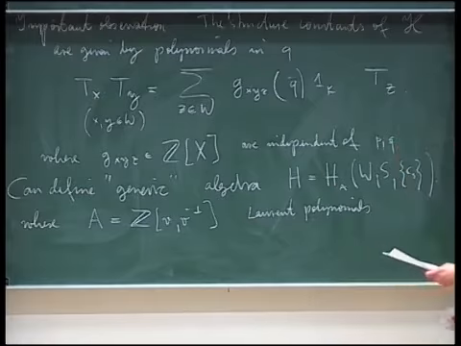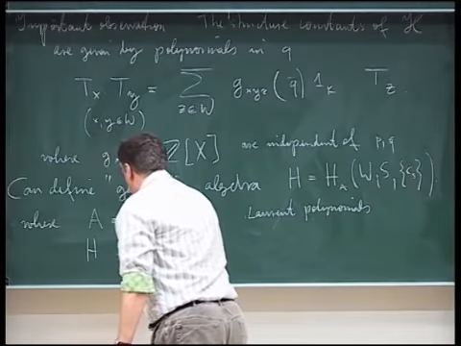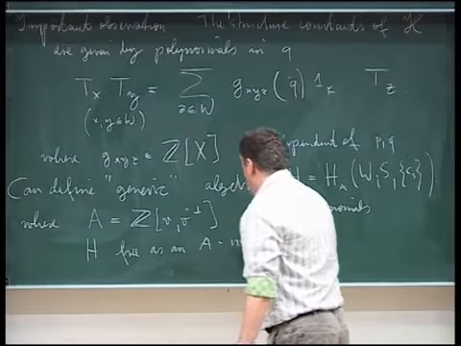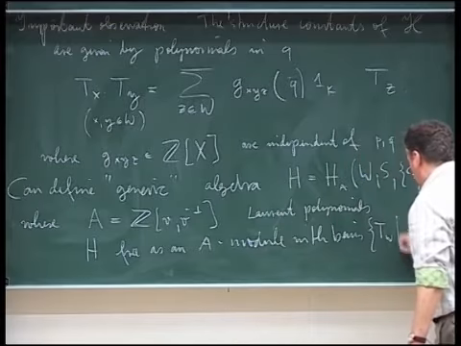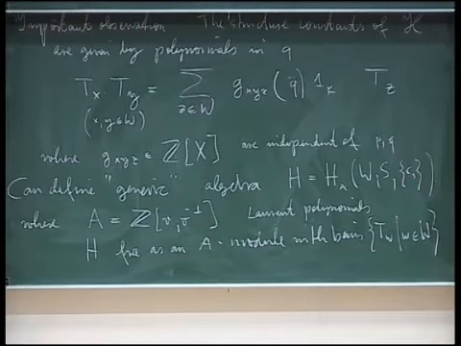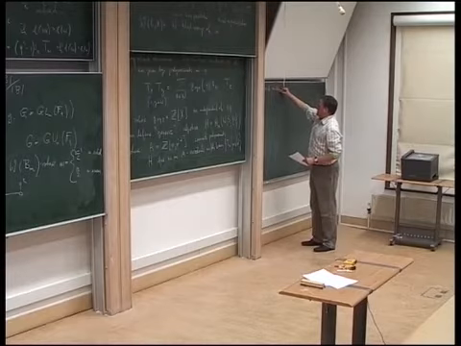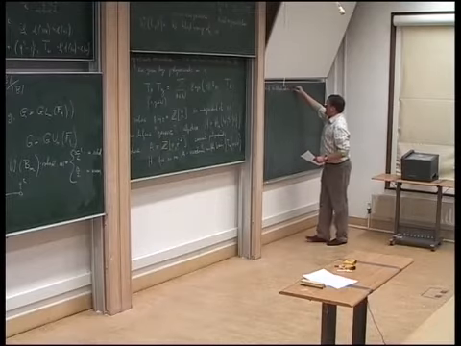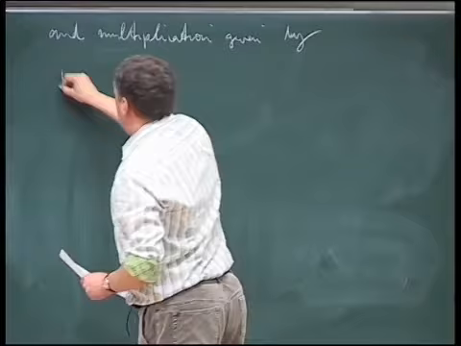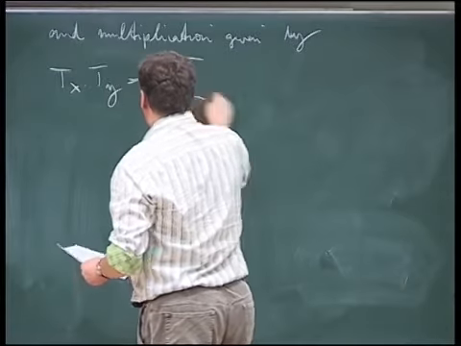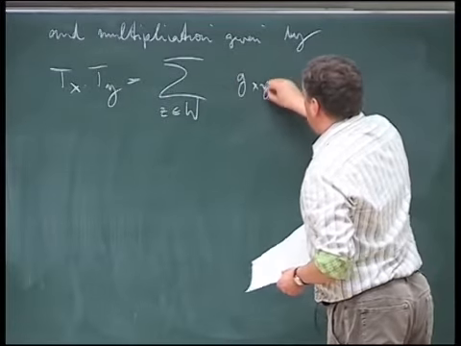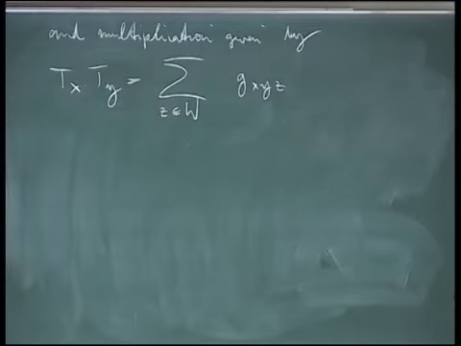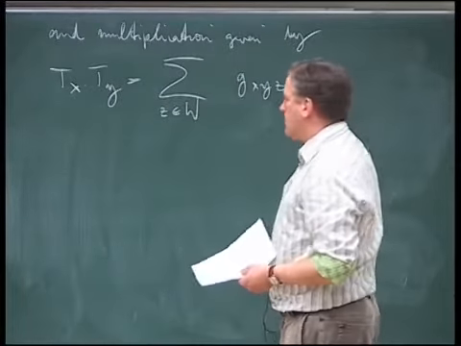H is free as an A-module with the basis indexed by W, and the multiplication is given by simply I use these polynomials, not the evaluated polynomials, but the polynomials as such as structure constants for this algebra.